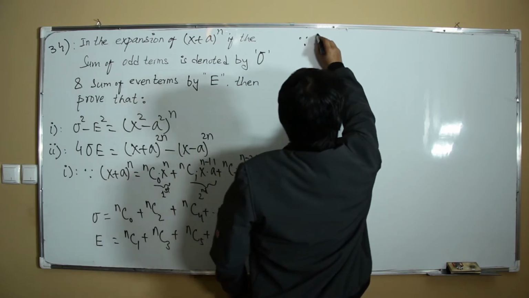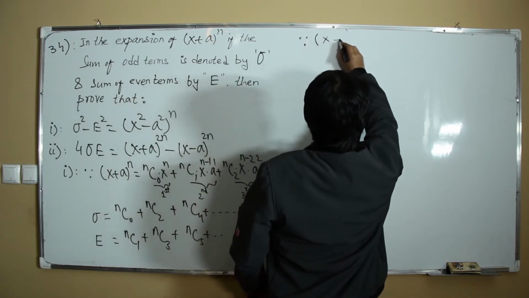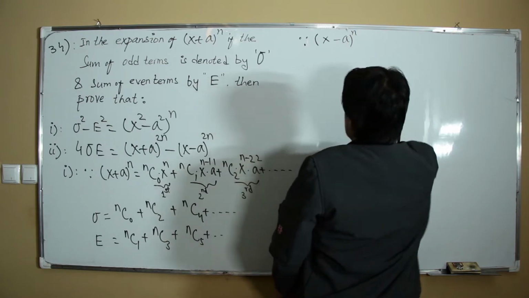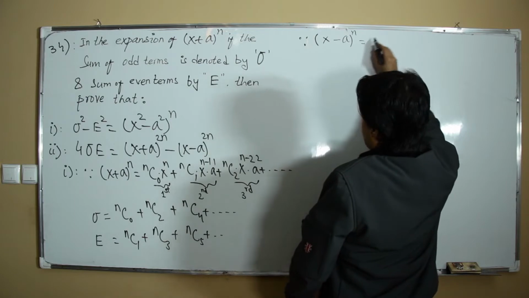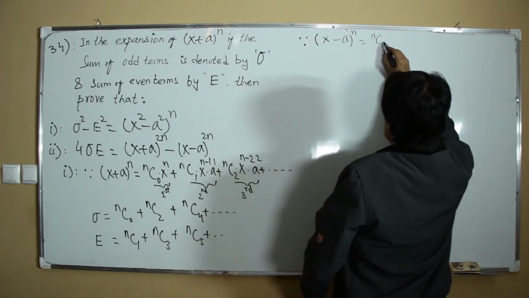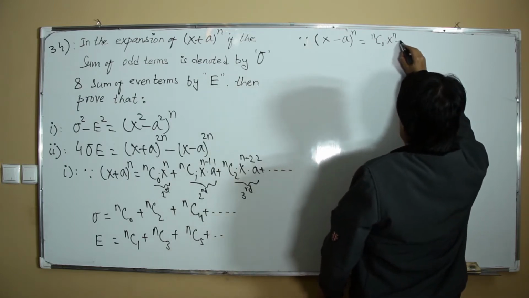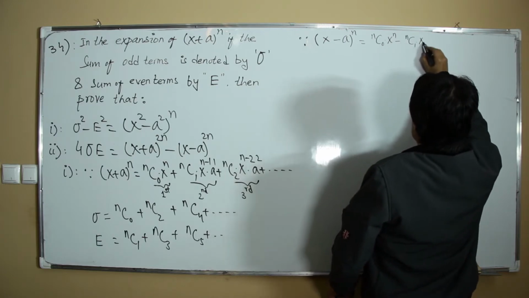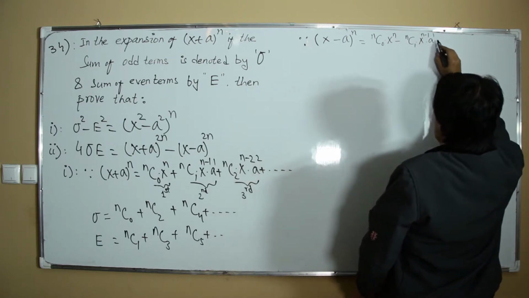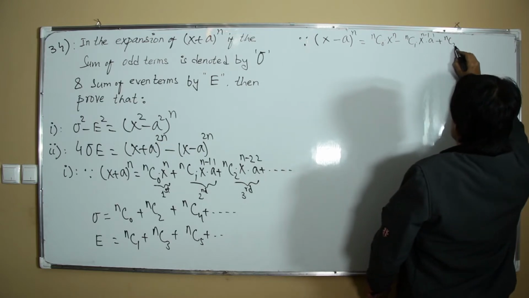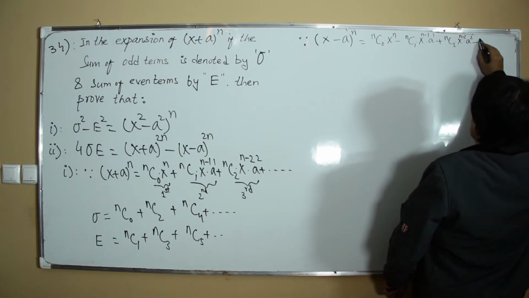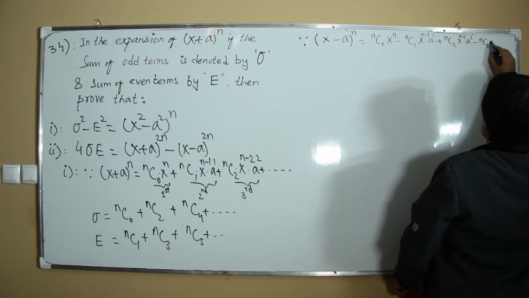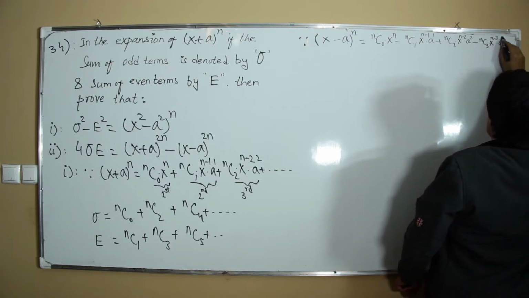One thing that you know is, if we talk about x minus a raised to the power n. Now, what is the expansion for this one? It is nC0 x to the power n minus nC1 x to the power n minus 1 a raised to the power 1 plus nC2 x to the power n minus 2 a to the power 2 minus nC3 x to the power n minus 3 a cube plus dot dot dot.